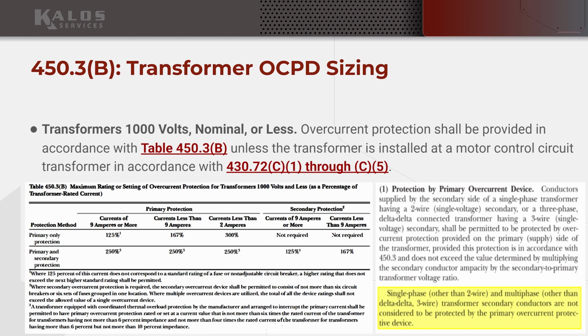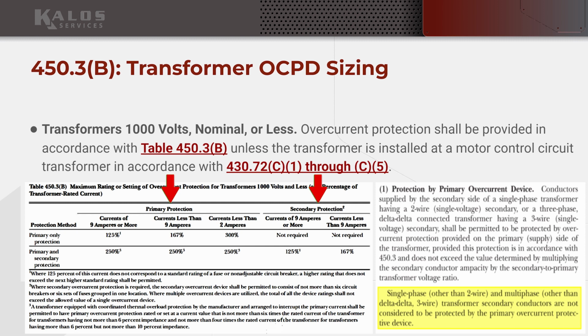Most scenarios that we come across will have both primary and secondary overcurrent protection, meaning you are going to have one circuit breaker or a set of fuses for the primary, and one circuit breaker or set of fuses for the secondary before we hit our branch circuit breakers.